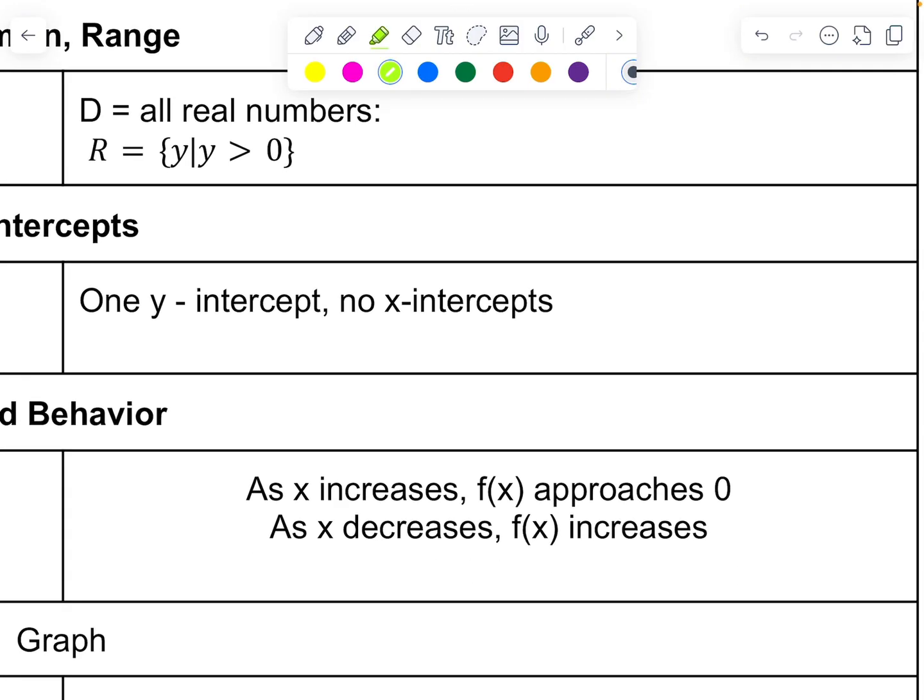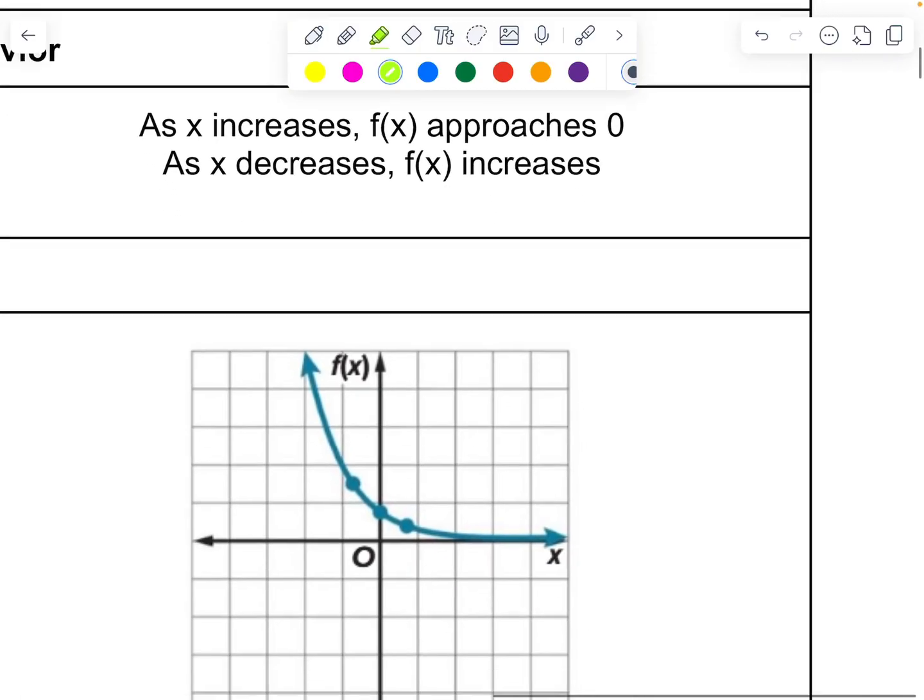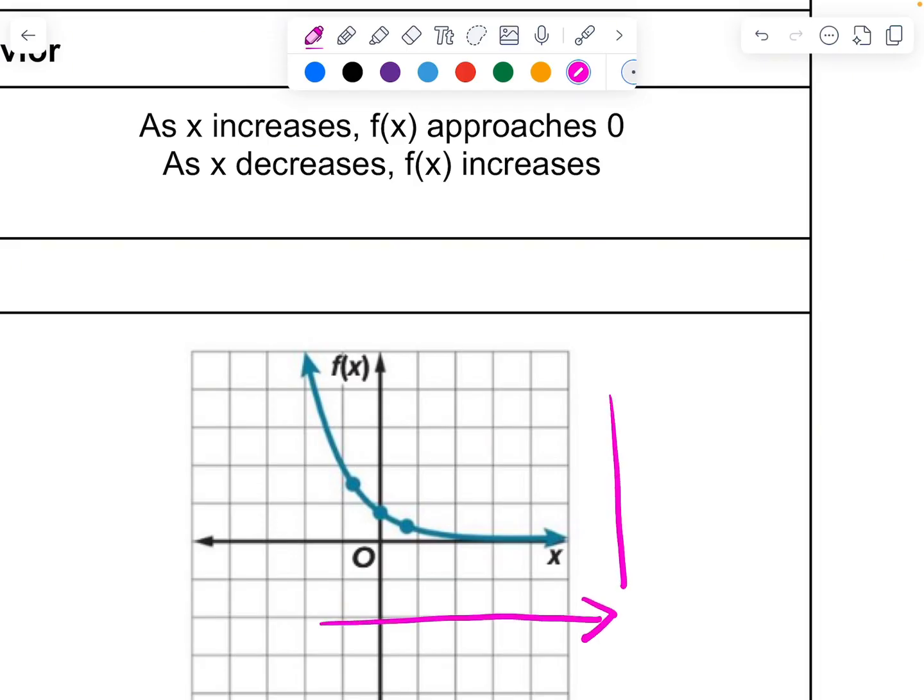There's one y-intercept, no x-intercepts. Again, the exact same. Guys, no x-intercepts means not going to go through the x-axis at all. So this one looks like this. So decay, it's decaying. So as the x gets bigger, the y, oops, undo.